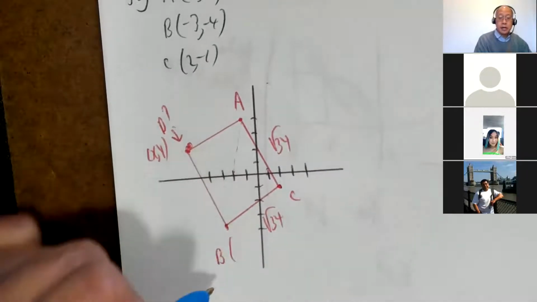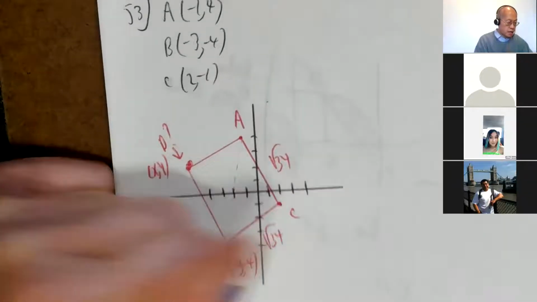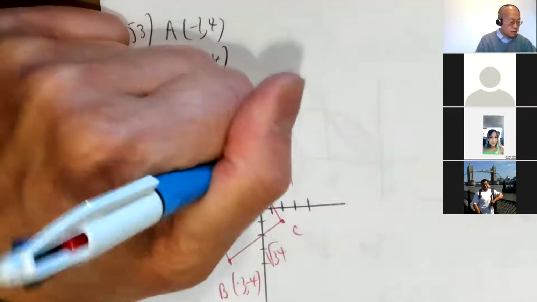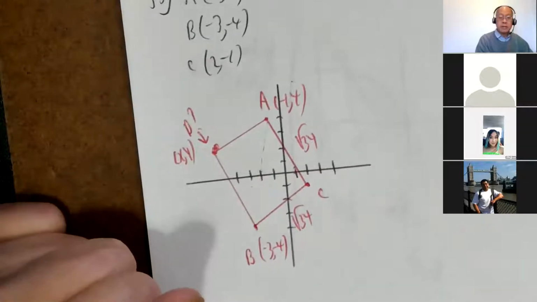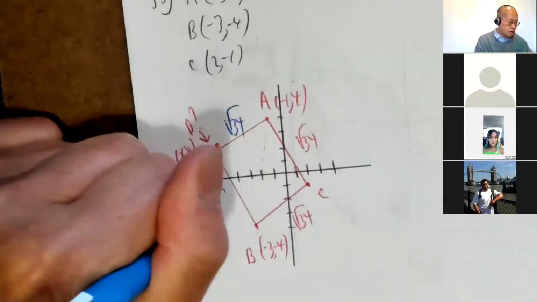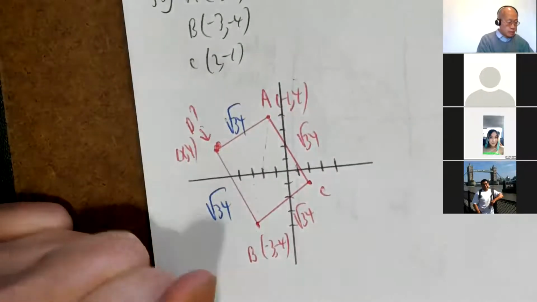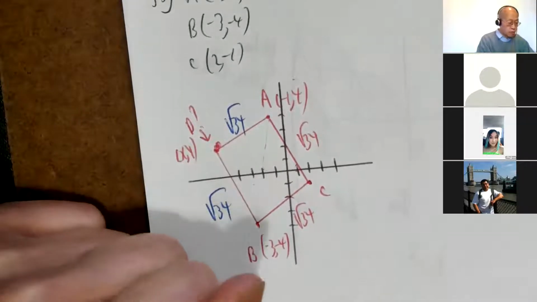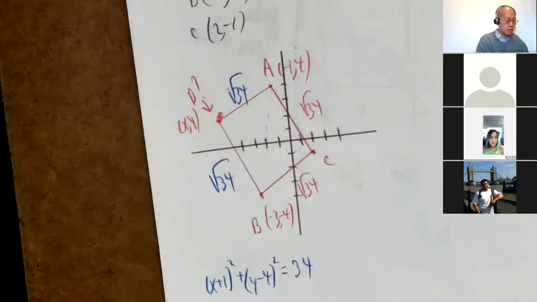Okay, so let's see. What was this again? B is -3, -4. There's actually more than one way to do this. And A was -1, 4. Okay, so as somebody mentioned, distance from here to here should also be radical 34, and this should also be radical 34. Is that right? So that means x minus negative 1 squared plus y minus 4 squared equals radical 34 squared.